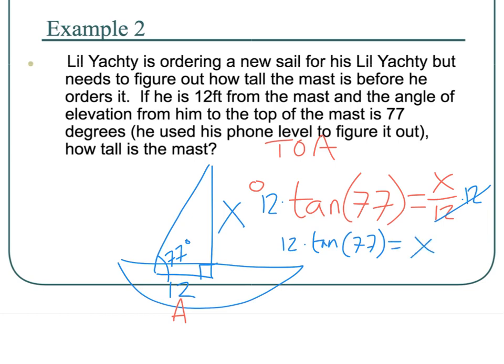At this point, I can just plug this in my calculator: tangent of 77 times 12. And I get x equals 51.9777, and so on and so forth. So we'll call it x equals 52 feet.